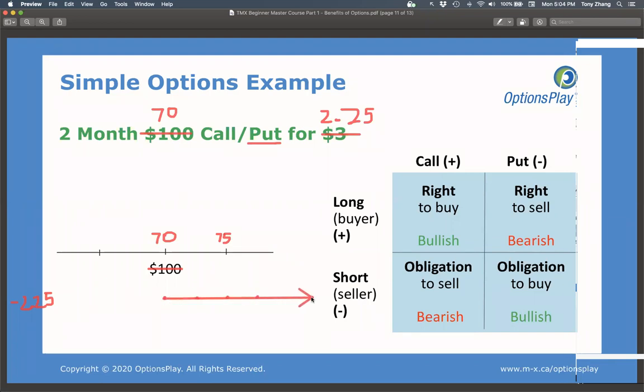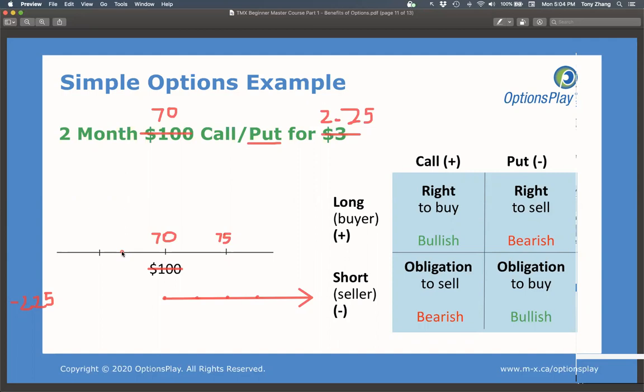Now, if the stock declines a little bit, let's say the stock declines to $67.75, and I know that's a bit of a manufactured price, but bear with me for 1 second. If the stock moves down to $67.75, guess what? Now I can sell the stock to the seller for $70, and that stock is only worth $67.75. So on that transaction, I make $2.25.